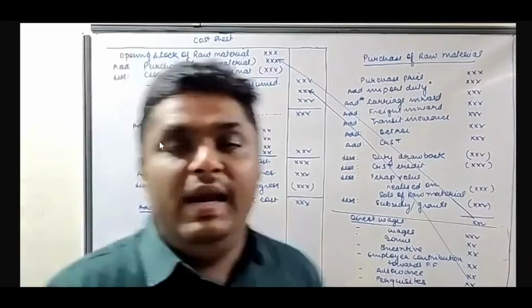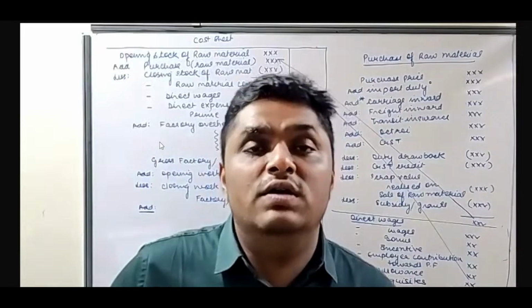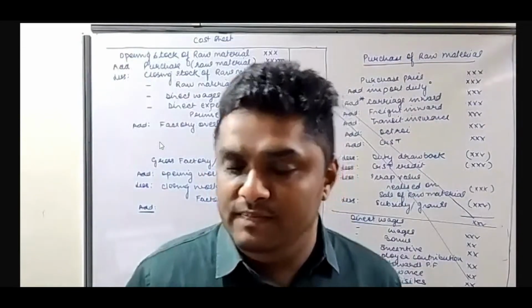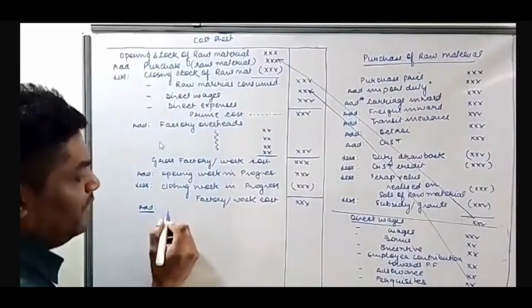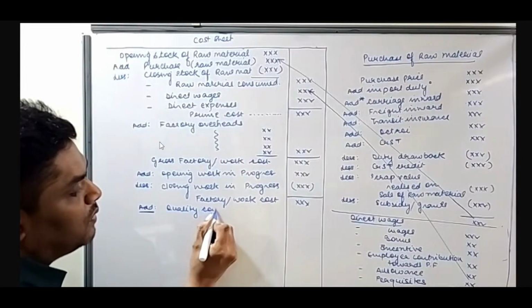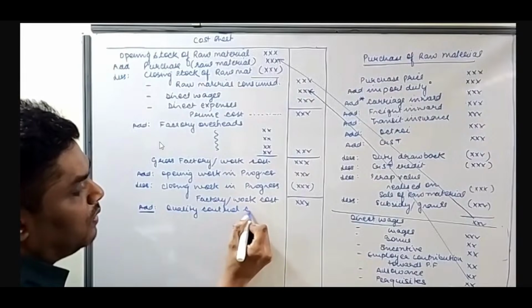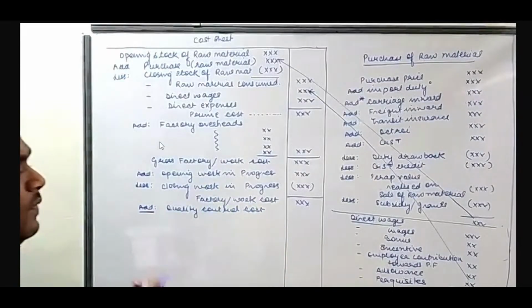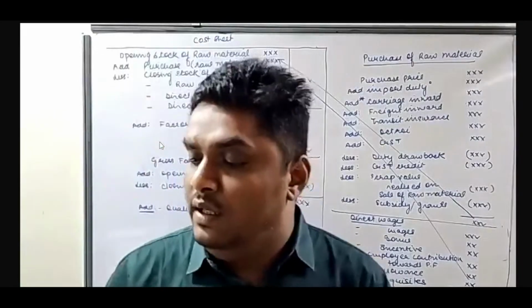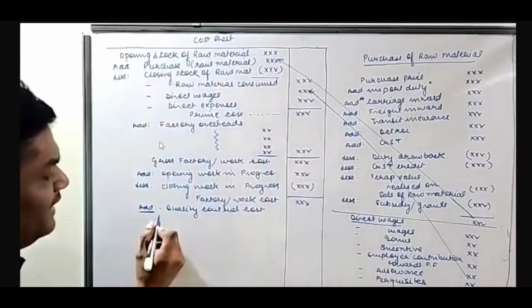So after calculating the factory cost or work cost, certain items need to be added to calculate the cost of production. So the first one is the quality control cost. Next is research and development cost.